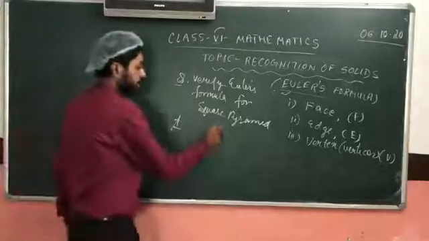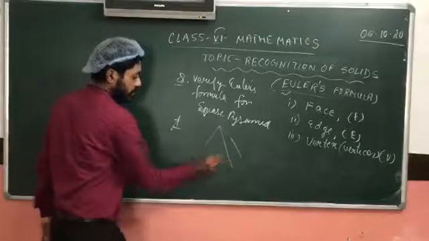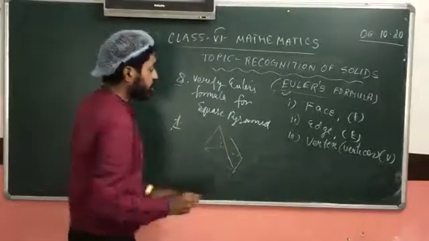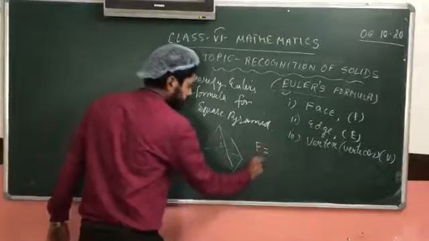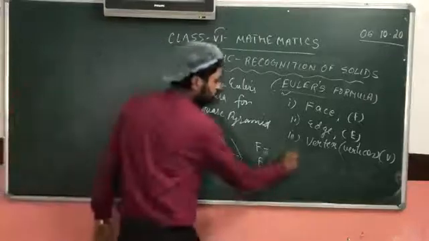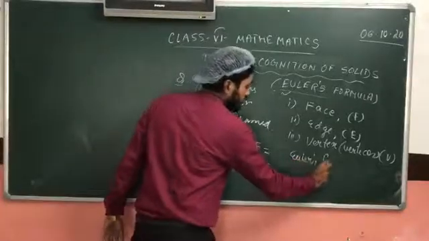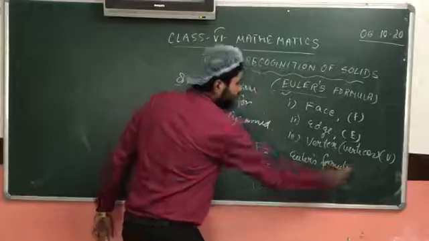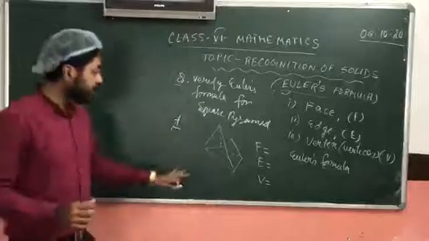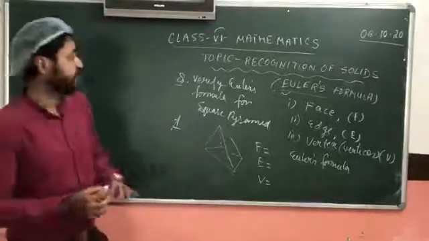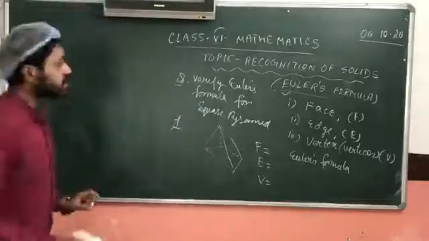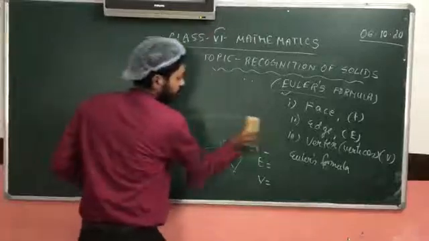After drawing the square pyramid, you will write the number of faces, the number of edges, the number of vertices. After doing this, you will use Euler's formula and check whether it is verified. Everything needs to be done on the paper. If it is verified, you will say that Euler's formula is verified. If it is not verified, you will say that it is not verified. Understood? That is what is there in your chapter on recognition of solids.